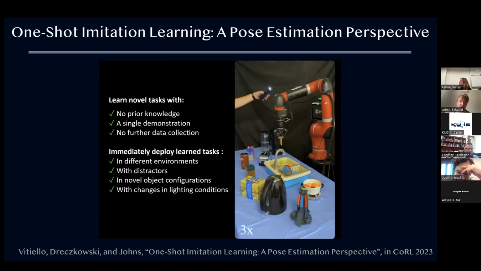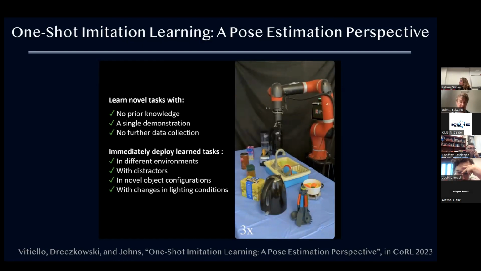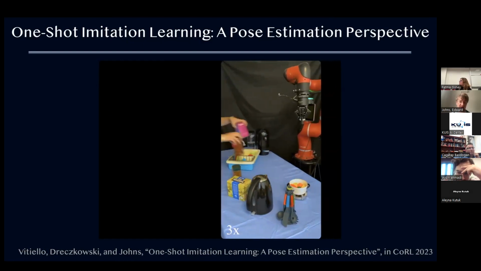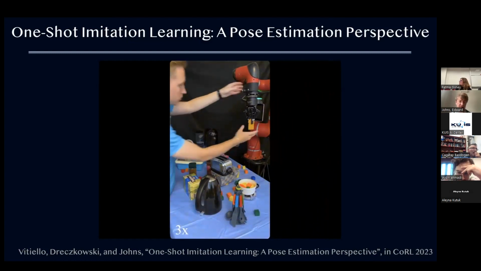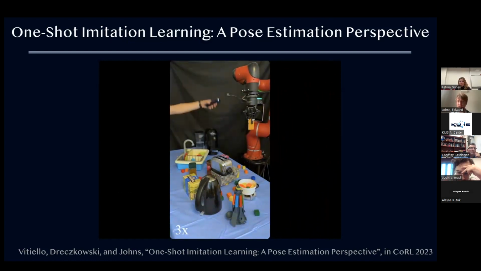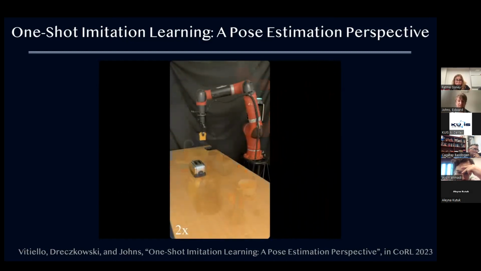The robot is now able to insert the bread in the toaster, even though the toaster is in a different configuration. We've introduced all of these distractor objects and changed the color of the tablecloth. And also we're now changing the height of the toaster. So the toaster is moving up here, and we're really showing 6 degrees of freedom generalization spatially. So we're able to achieve all of this with just a single demonstration, and the robot can be deployed immediately after the demonstration without having to wait around and collect all of that data.